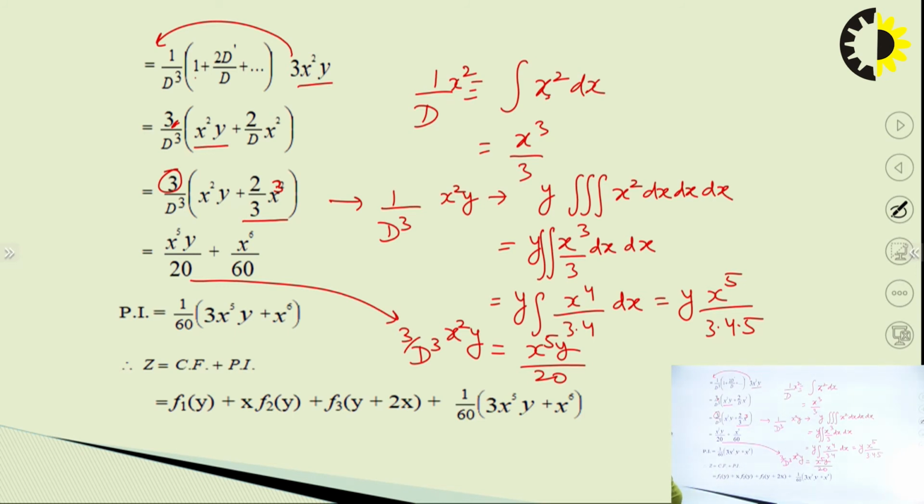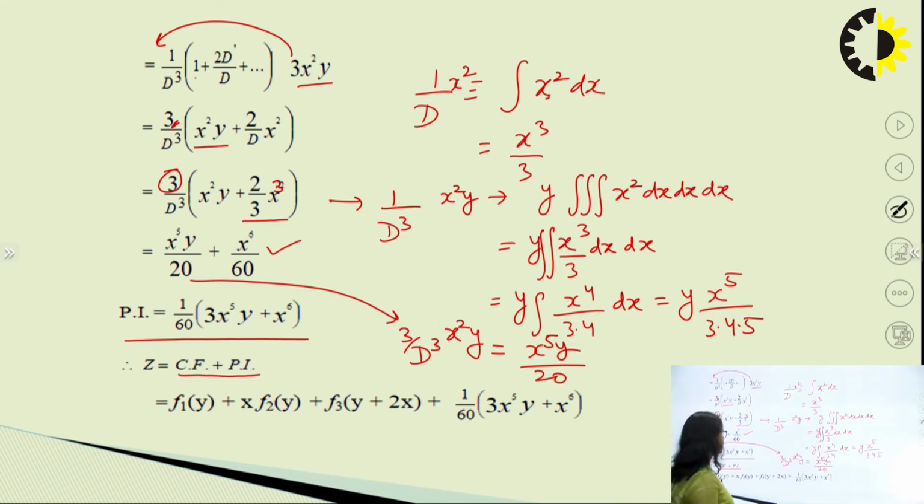Now in the same way, if I integrate 2 by 3 x cube with respect to x 3 times, I will get x to the power 6 upon 60, and hence my PI becomes 1 upon 60 times (3x to the power 5 y plus x to the power 6). So this is my PI. Now z obviously will be a complete solution given by CF plus PI.